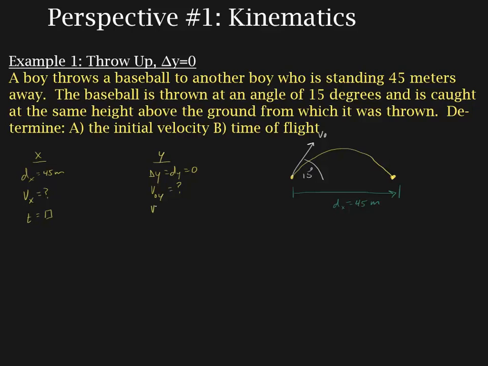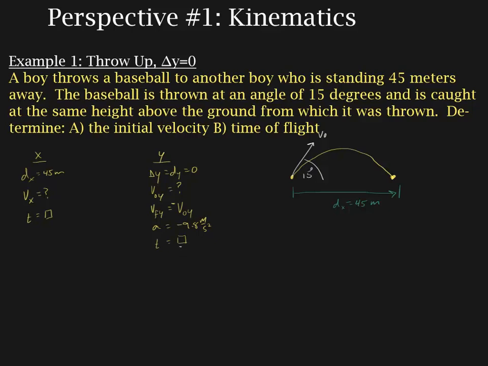We know that the final velocity in the y dimension is equal to the initial velocity in the y dimension, but it's the opposite direction, so it's minus v initial y. We know the acceleration is equal to minus 9.8 meters per second squared, and that's because we're saying down is the negative direction, and time, of course, is something that we're looking for.